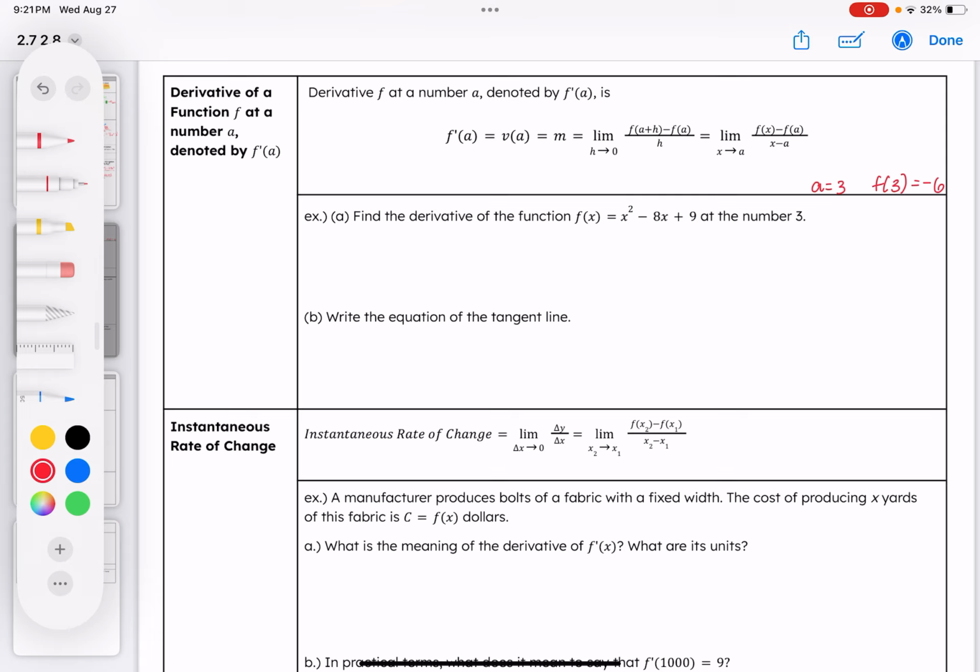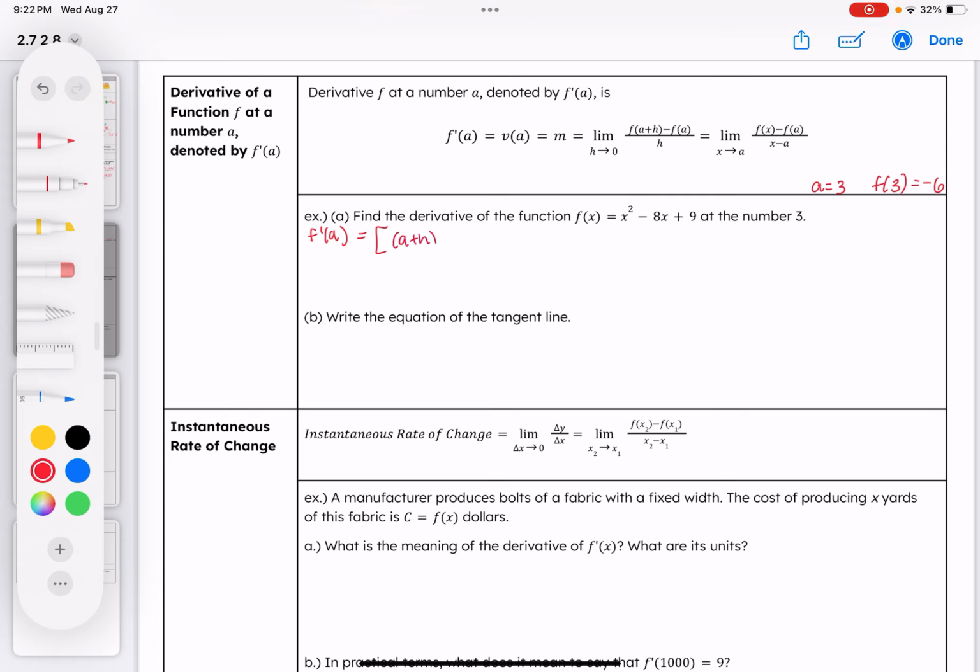The reason why I need that is because in part B, when it asks for the equation of your tangent line, you need a slope and you need a point. Okay, so let's find our derivative. So f prime of a, I don't think I've explicitly said that. When you have that apostrophe, that is your derivative notation. That apostrophe means f prime, or the derivative of your function at a. You are going to look at your original function. Instead of having an x, you're going to have an a plus h.